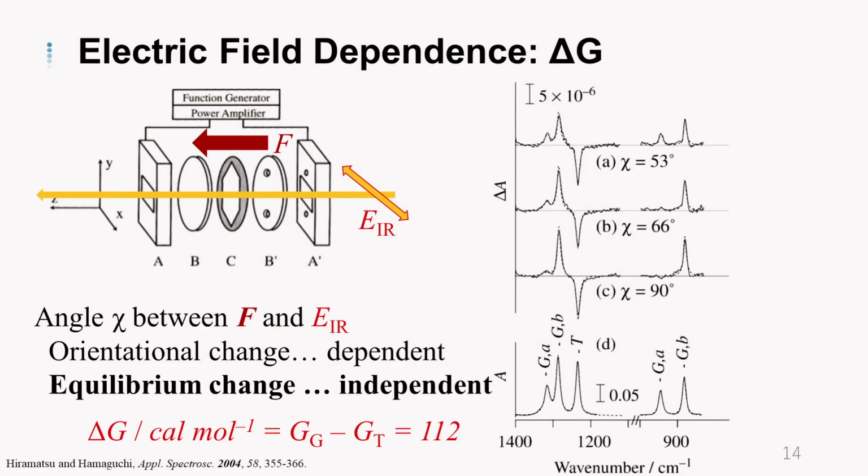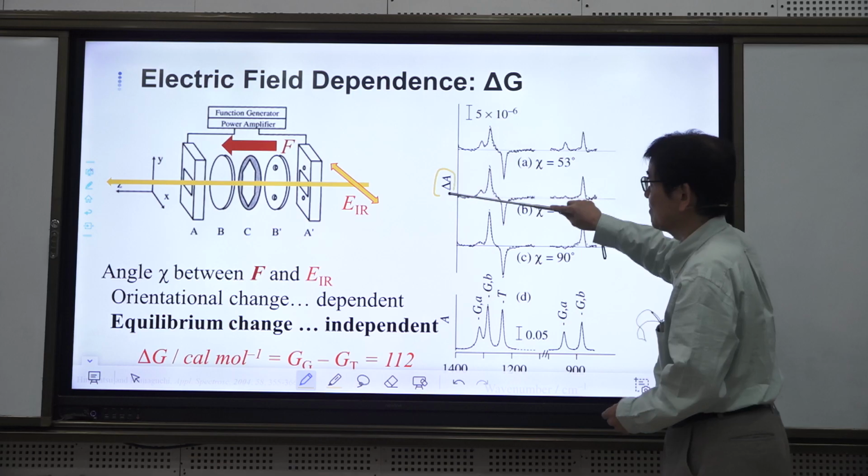And in this case, actually, this is my PhD thesis. When we apply the electric field, not only the population change, but also the orientational change of the polar molecule takes place. And both signals contribute to absorption change, delta absorbance.